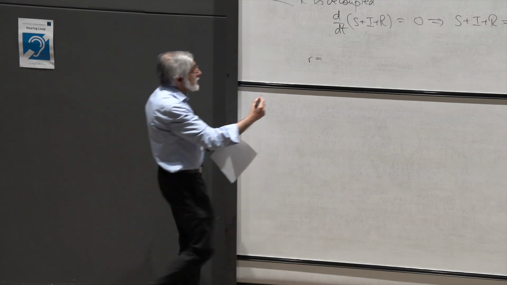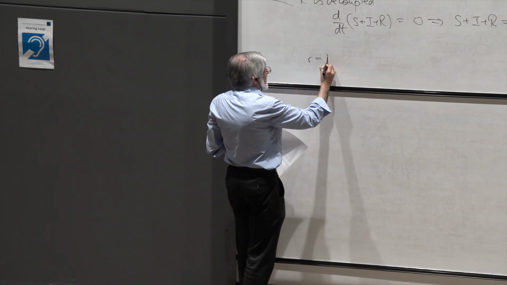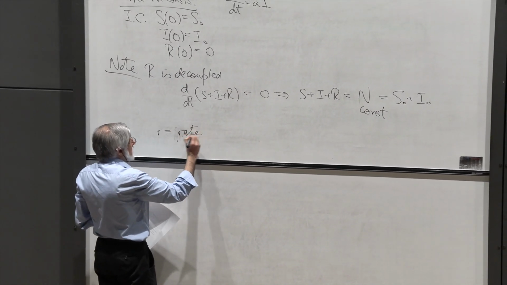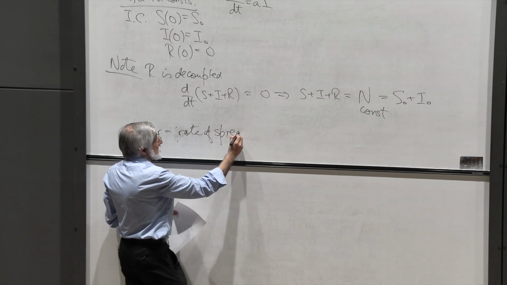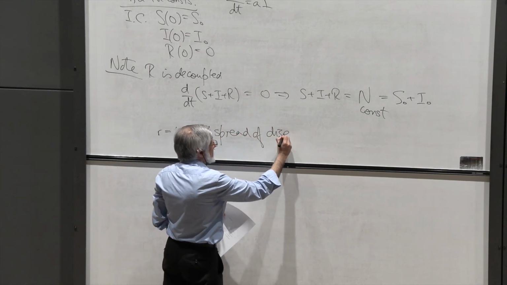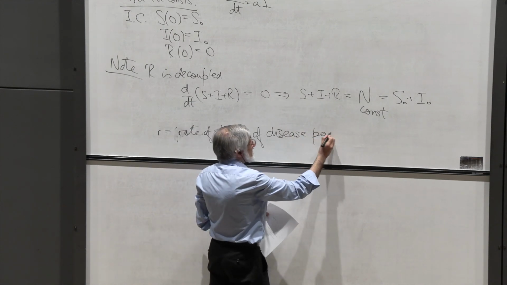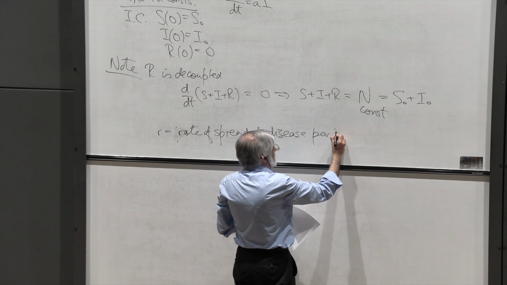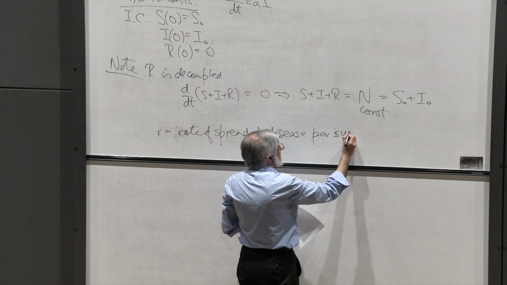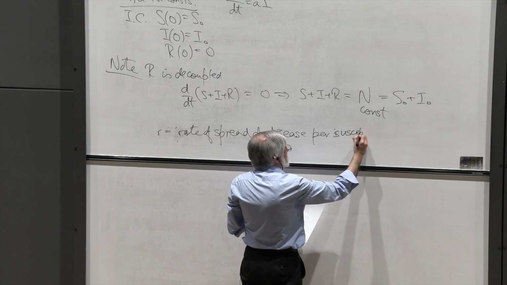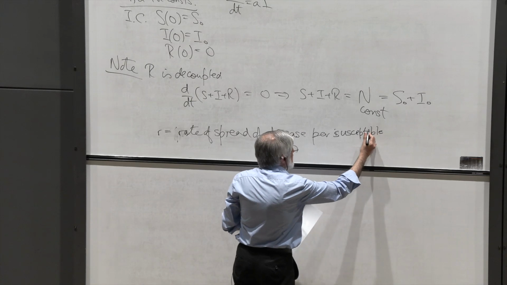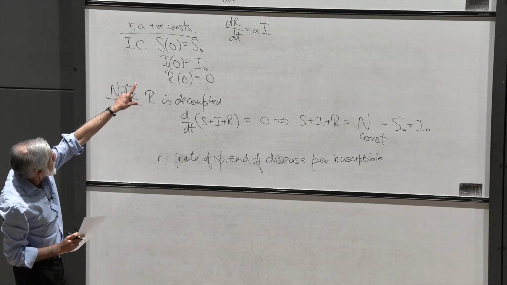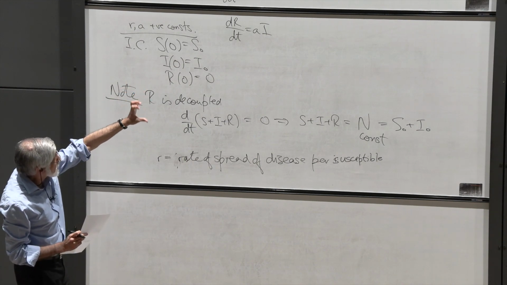So r is the rate of spread of disease per susceptible. Okay, because r will have units 1 over t times person.